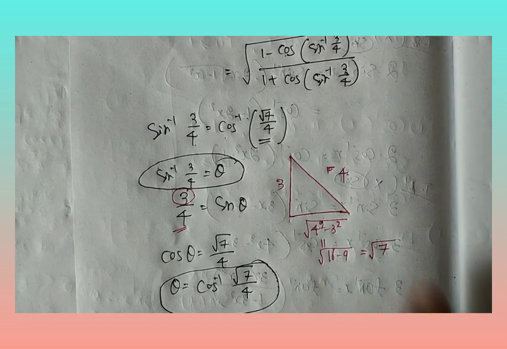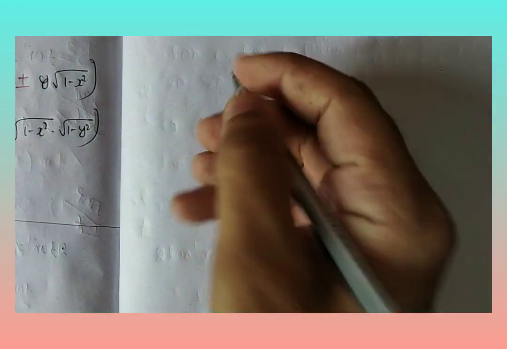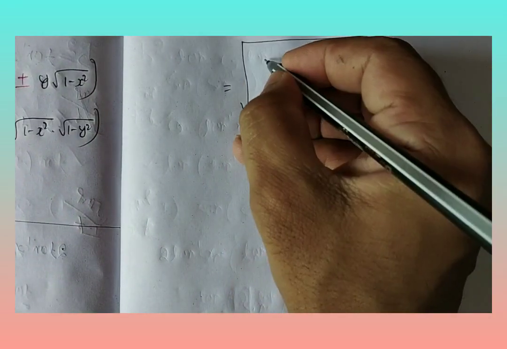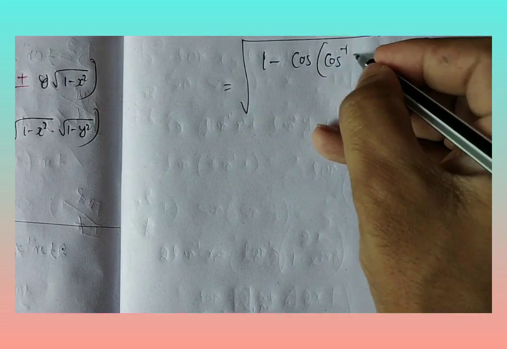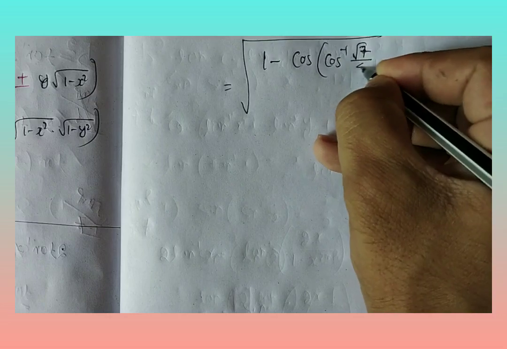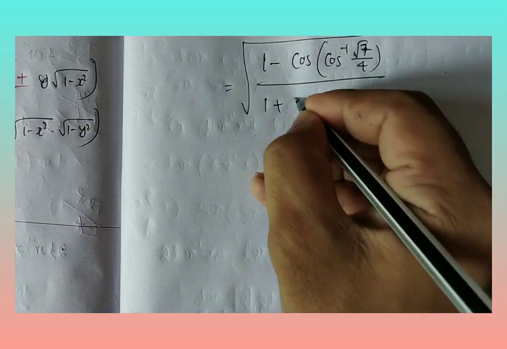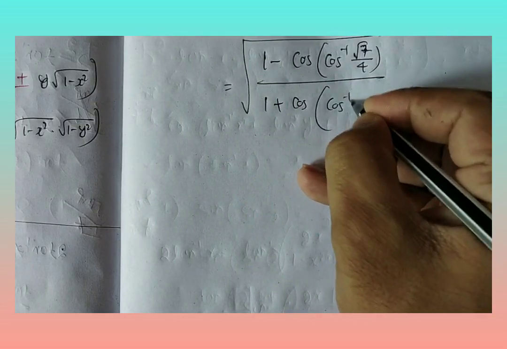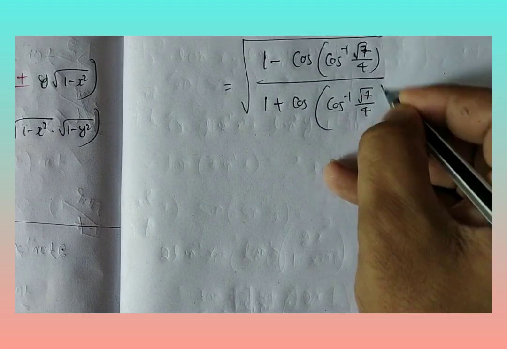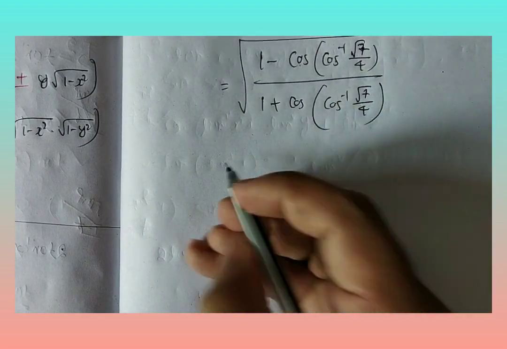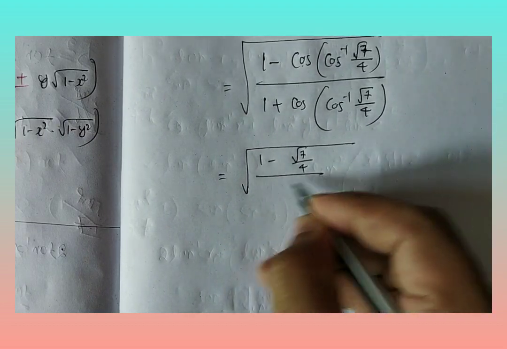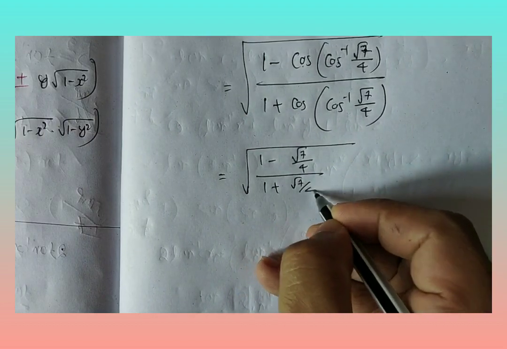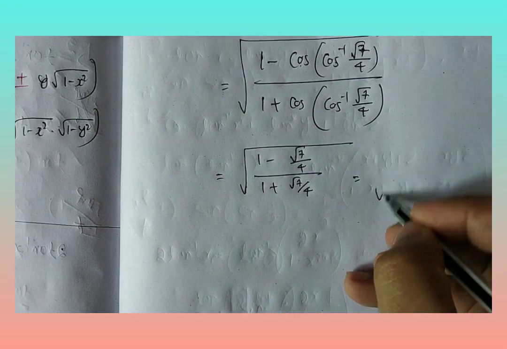And we can put here root over 1 minus cos of cos inverse root 7 by 4 and 1 plus cos of cos inverse root 7 by 4. Now we can cancel cos and cos inverse, that is root 7 by 4, and here also root 7 by 4. Now simplify it.